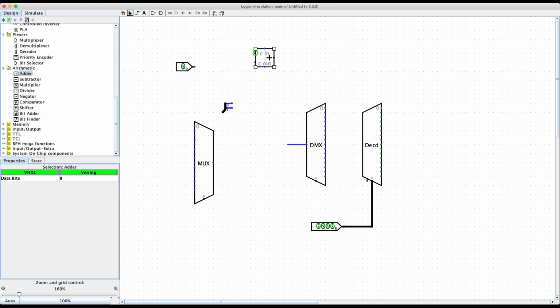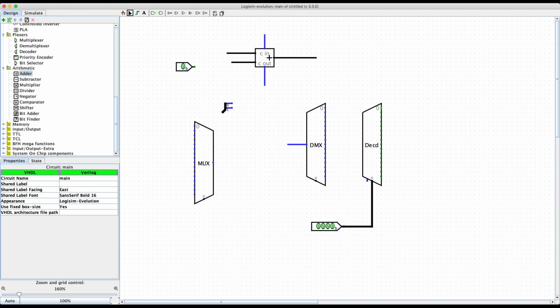So what are the inputs, the outputs here? If I had a full adder, what would I need? I need 2 inputs, right? Because I'm adding 2 bits together and therefore 1 output. Okay, but what other inputs do I have?